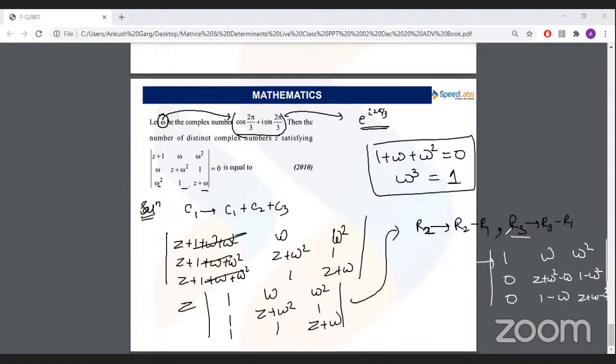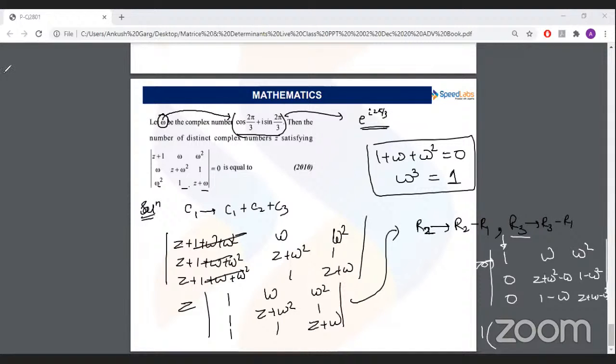Now if you expand along the first column, this will be 1 into Z plus omega minus omega square and Z plus omega square minus omega multiplied with this. Okay, so it is getting a little bit complicated. Can we do anything else? Can we do something else here, guys?